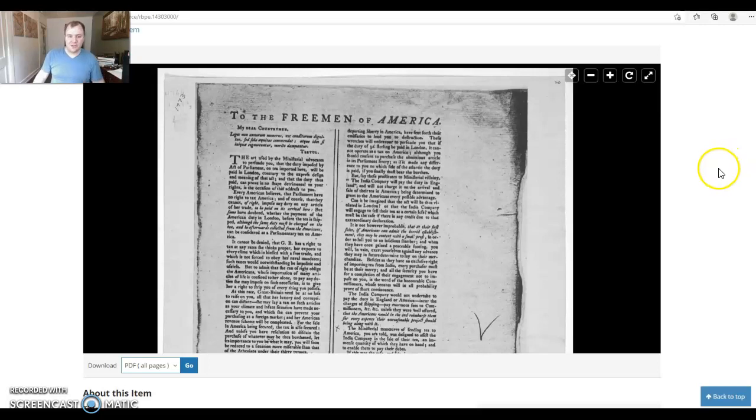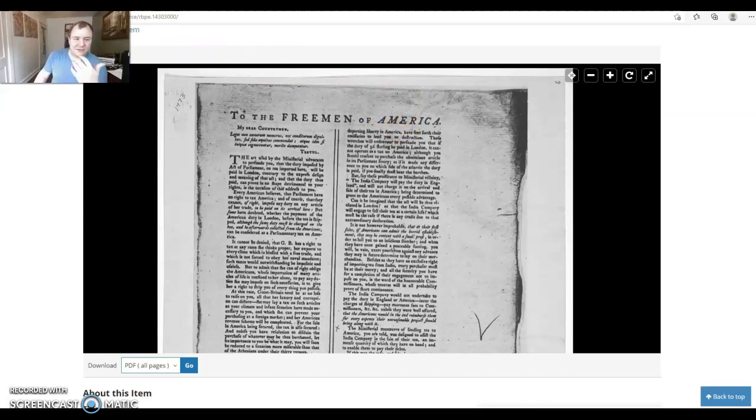And that's how people shared news, community news, job postings, and anything that you wanted the community to be aware of or know of. You would put it on these leaflets and get it out there if you wanted to spread the word. Looking at this, it is called "To the Free Men of America."